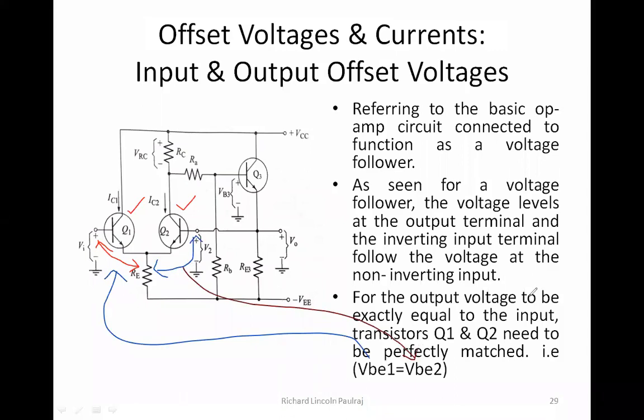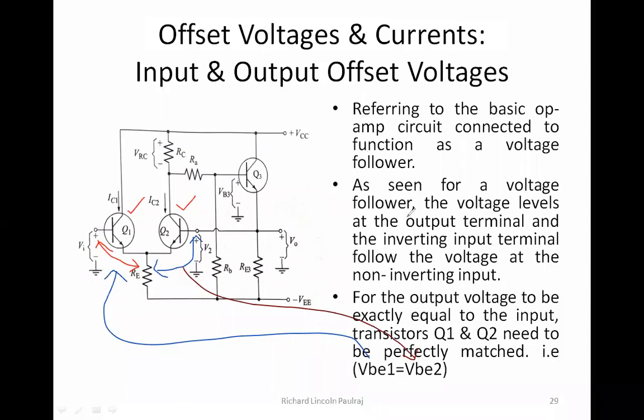This is the voltage between the base and the emitter of the first transistor, and the voltage between the base and emitter of the second transistor. If and only if these two voltages are perfectly matched, then we can say that it's an ideal circuit.